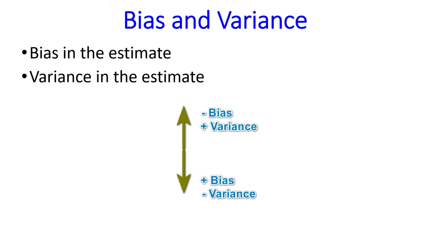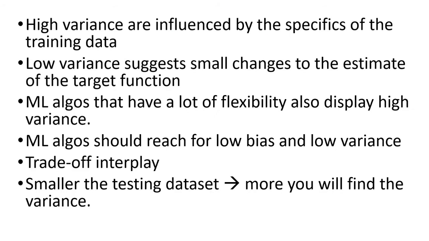Algorithms that display high variance are influenced by the specifics of the training data. That is, specifics of the training data influence the number and types of parameters used to characterize the mapping function.